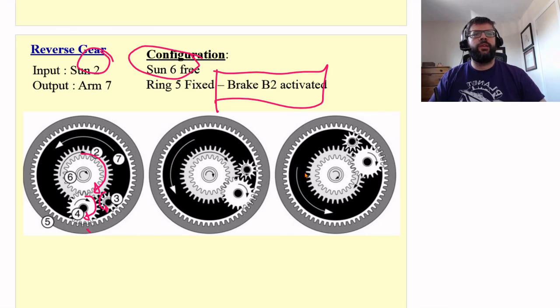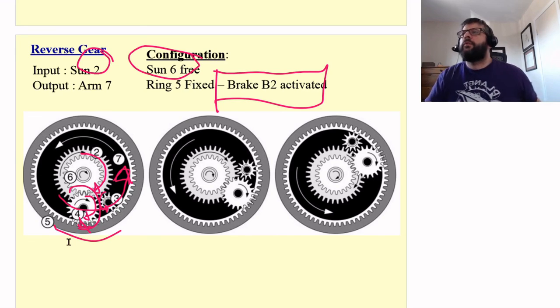So if this thing wants to rotate this way, counterclockwise, and the ring here is locked, then the only way that it can accomplish that is by crawling in this direction. So we're reversing the rotation speed by leaving our Sun 6 free and locking ring 5 with our brake.